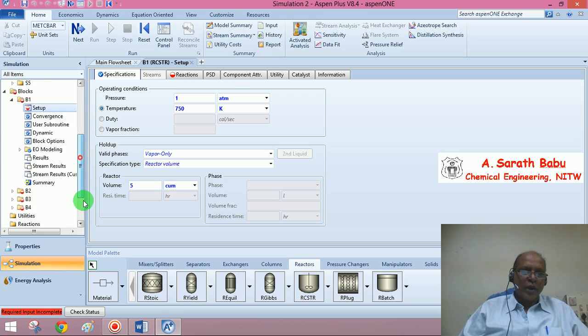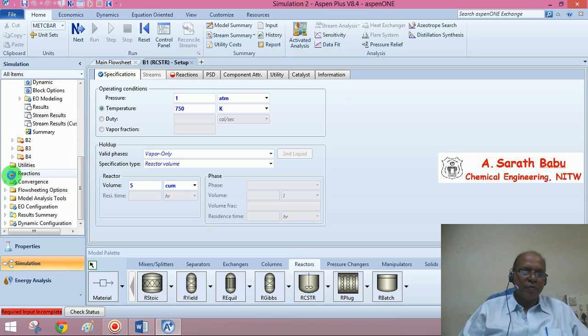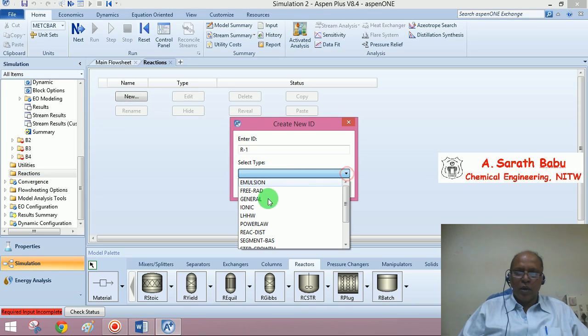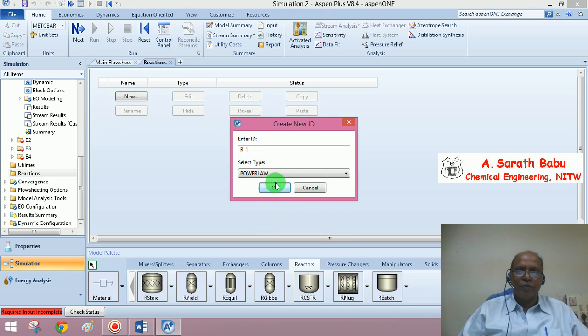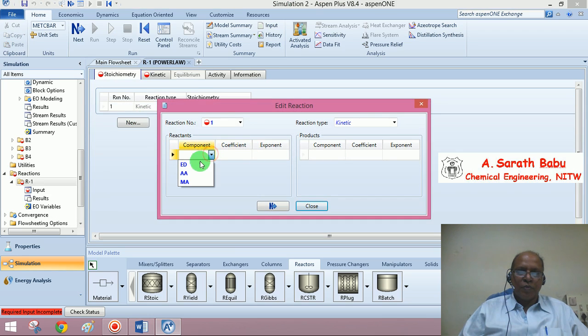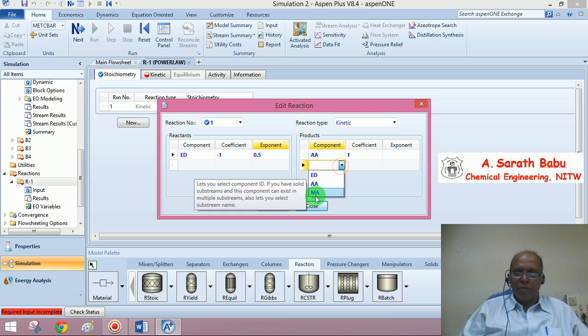So let me also create the reaction. Again, a power law model. It was given that it is half order rate with respect to ethylene diacetate, acetic acid 1, methyl acrylate 1.